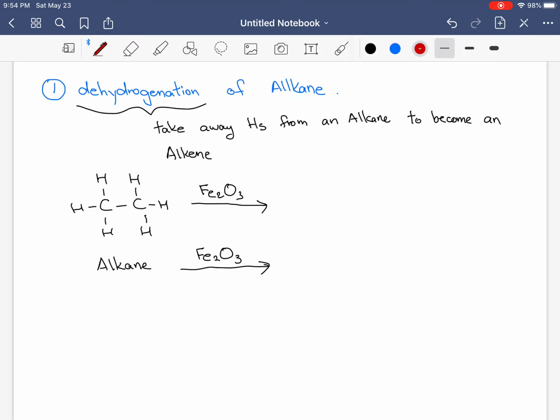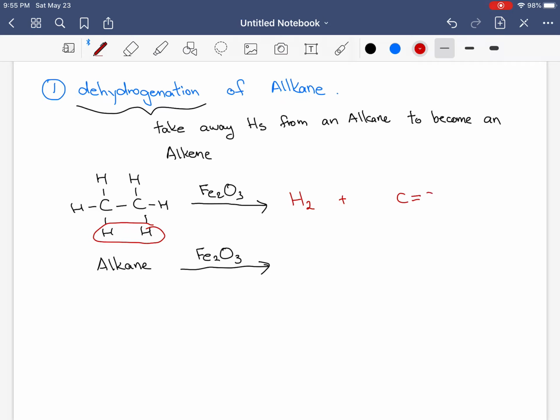The cool thing that happens when you put an alkane under the catalyst of iron 3 oxide is that these hydrogens, which we are going to call adjacent hydrogens, will get together to form H2. Now, when that happens, this carbon is missing a bond, this carbon is missing a bond, so it only makes sense that they bond with each other again, because they're already bonded with each other.